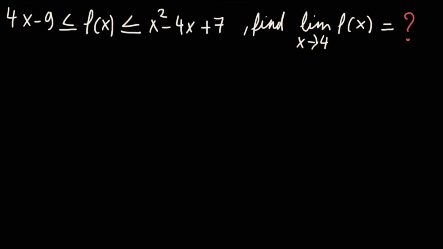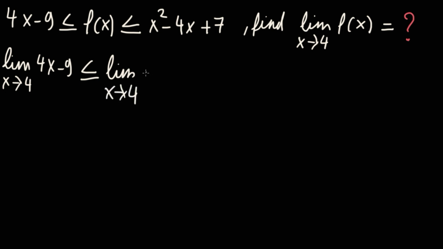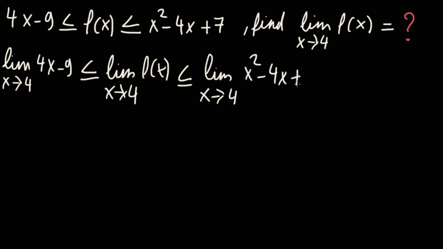So if we have to find the limit as x approaches 4 for the function f of x, and f of x is between 4 times x minus 9 and x squared minus 4x plus 7. So what we do is it will become the limit as x approaches 4 of 4 times x minus 9, and then the limit as x approaches 4 of x squared minus 4 times x plus 7.